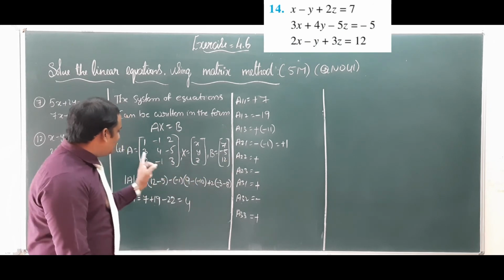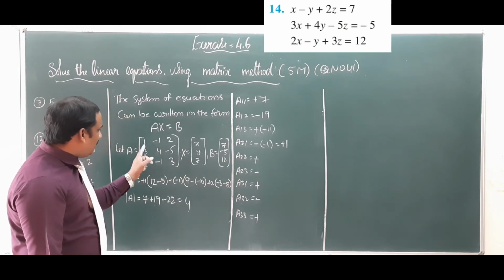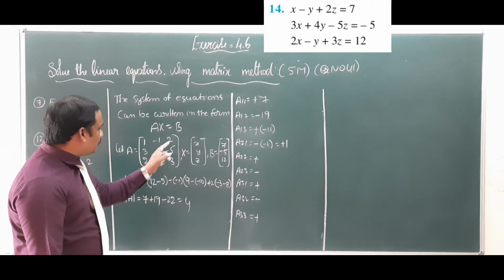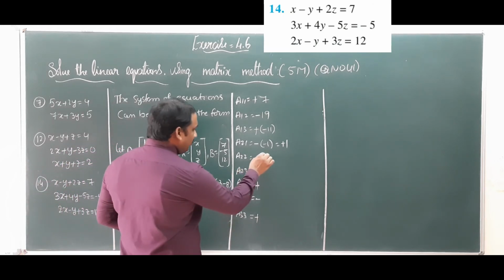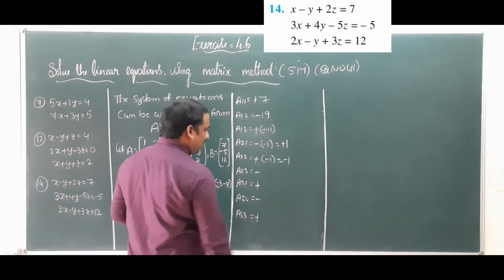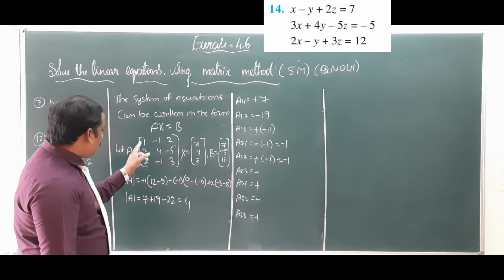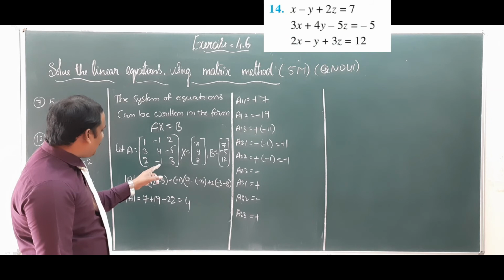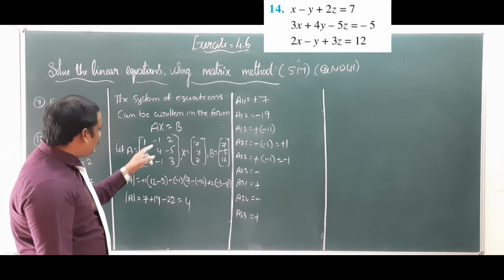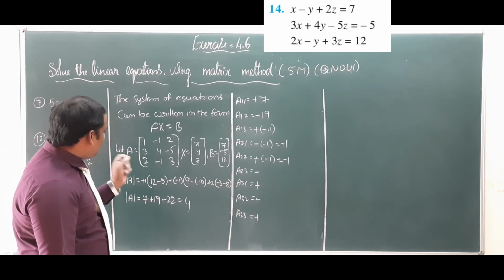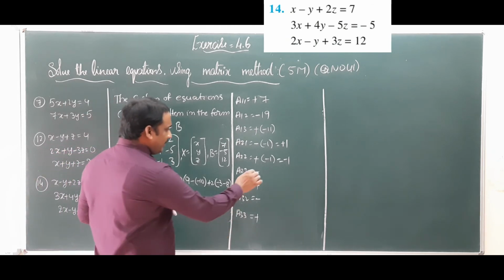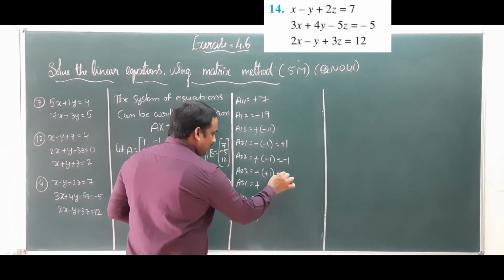Next A22, second row second column: 1 into 3 minus 2 2s are 4, 3 minus 4 is minus 1. Next A23, second row third column: 1 into minus 1 minus of 2 into minus 2, minus 1 plus 2, here will get plus 1, so minus 1.